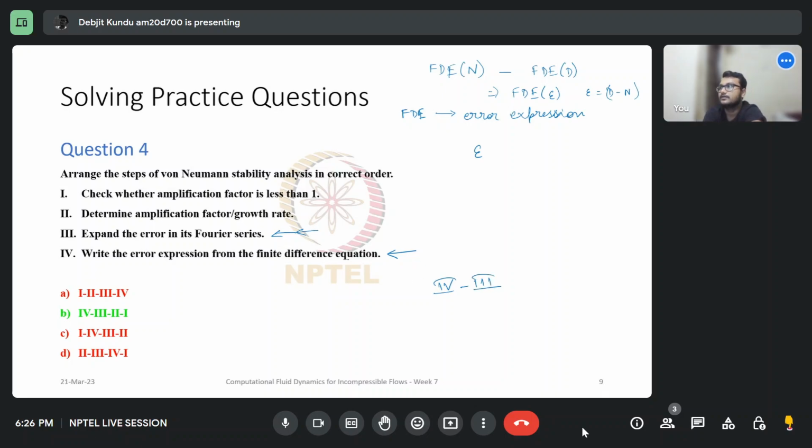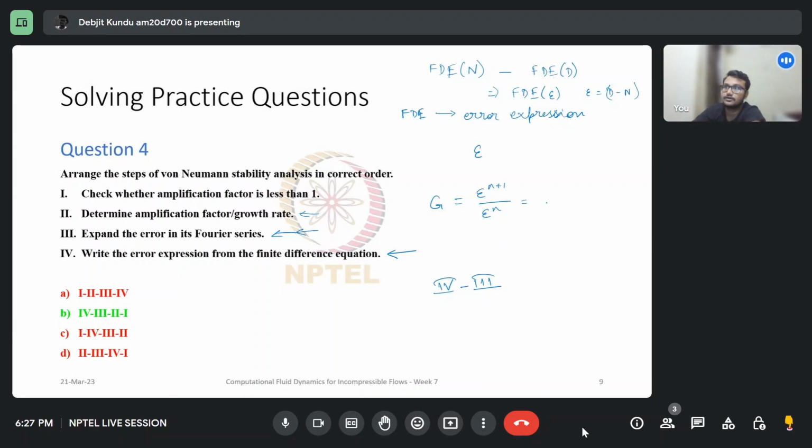And then we simplify that equation to find out the growth rate, which is known as G, that is given by the error at the n plus 1th time step over the error at the nth time step. So that gives us how the amplitude of the error is evolving with time.